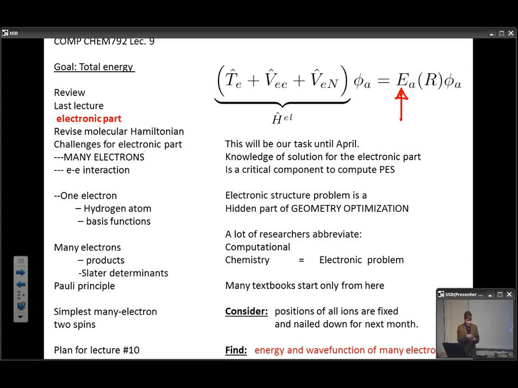Because in our algorithm of geometry optimization, we need to compute the total energy for each nuclear configuration. And we were skipping understanding of this process for some time. Now we are going to focus on it. It is a major task. So knowing this energy for different positions of ions can be incorporated into the code for the purpose of geometry optimization. This is the motivation.